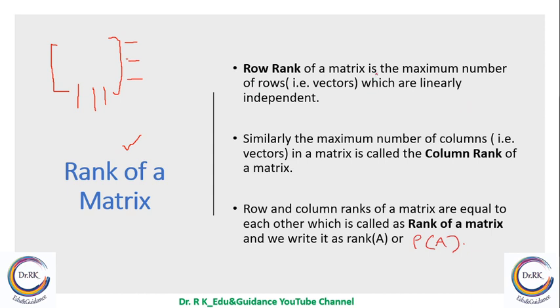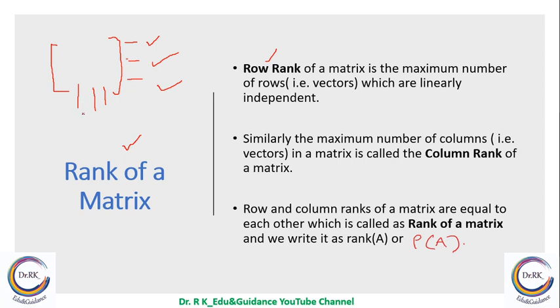How many rows are linearly independent? That is, the maximum number of rows which are linearly independent. We'll see what is meant by independent. So the maximum number of rows or vectors which are linearly independent is called the row rank of the matrix.